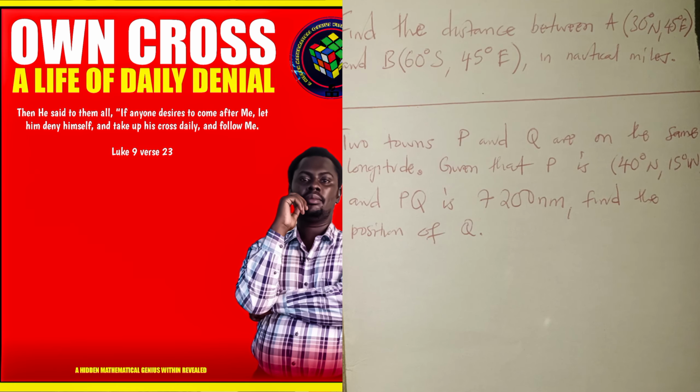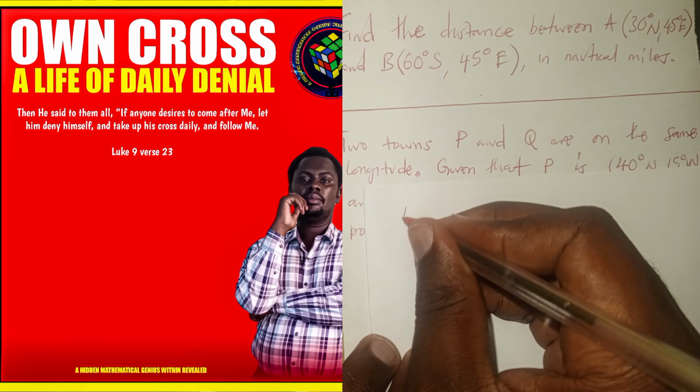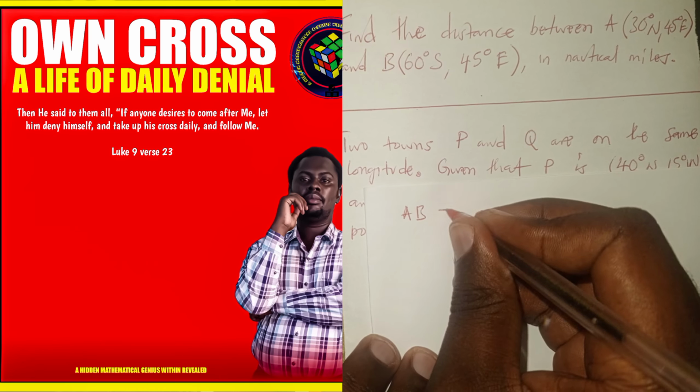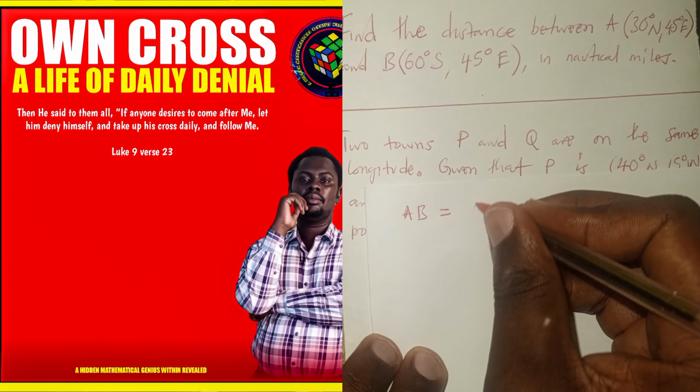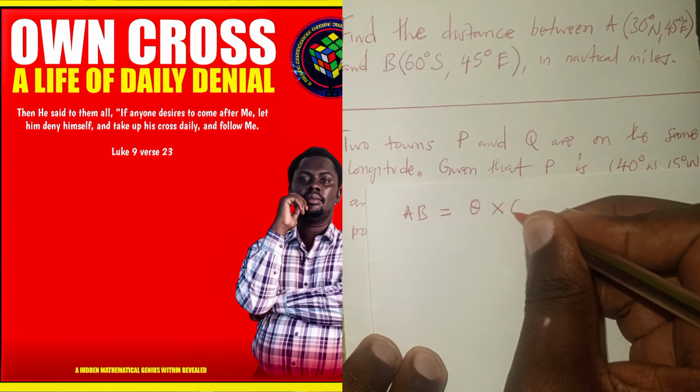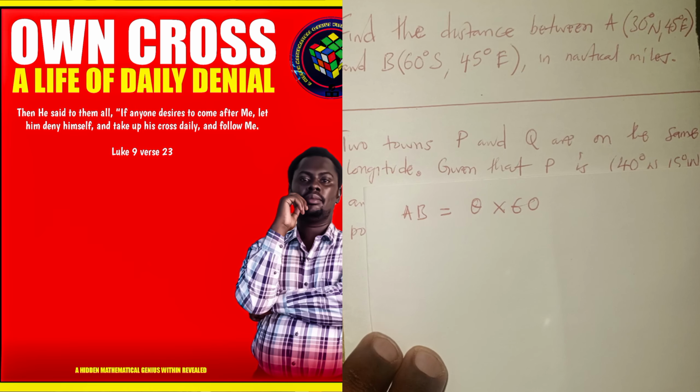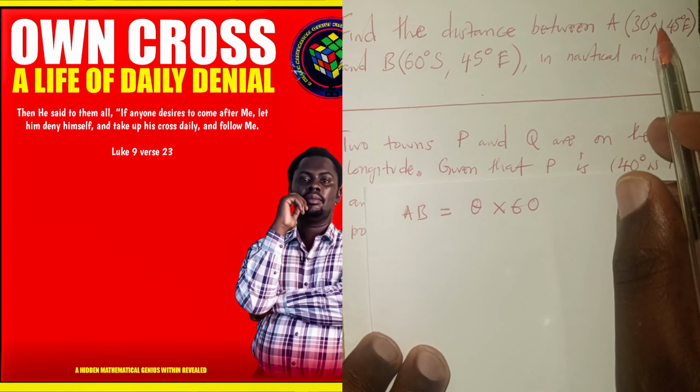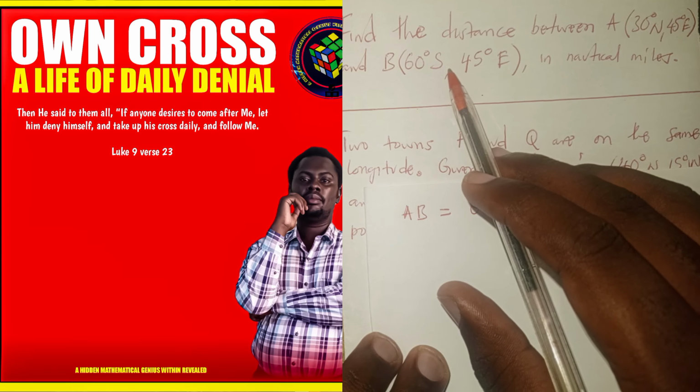In nautical miles, AB is equal to theta multiplied by 60, and this theta will be the difference in latitudes. We have 30 degrees north and 60 degrees south.